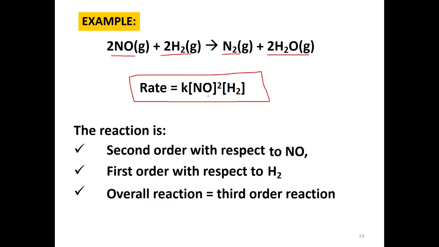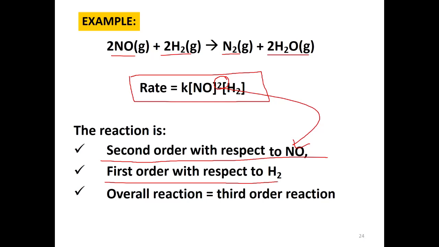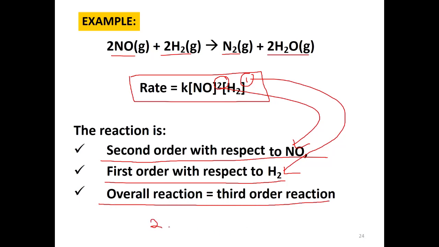So the conclusion for this rate law is second order with respect to NO, first order with respect to H2. This exponent is 1 supposedly, so consider it first order. So the overall reaction is third order, 2 plus 1 is equal to 3.